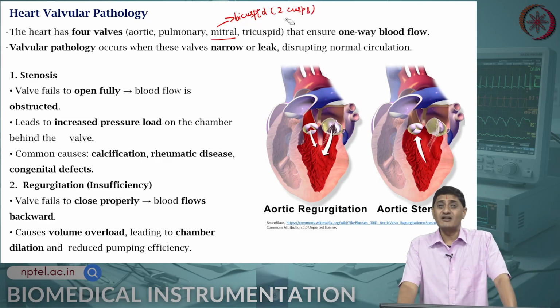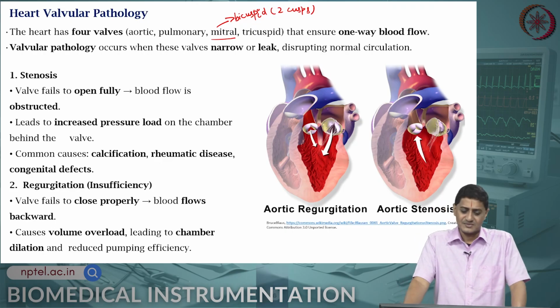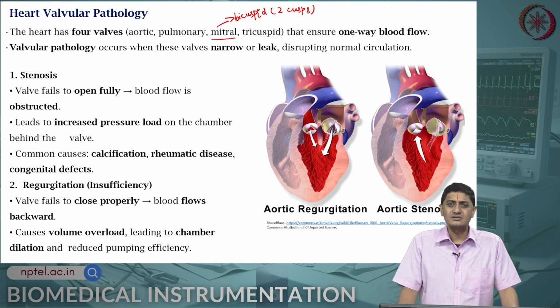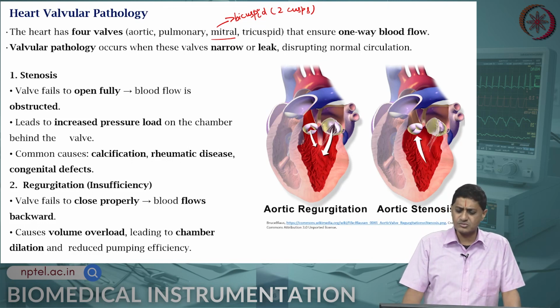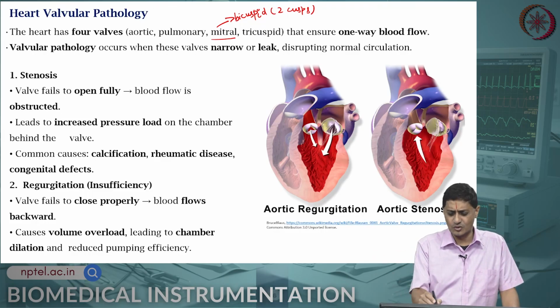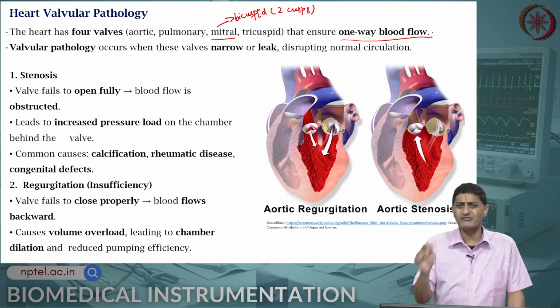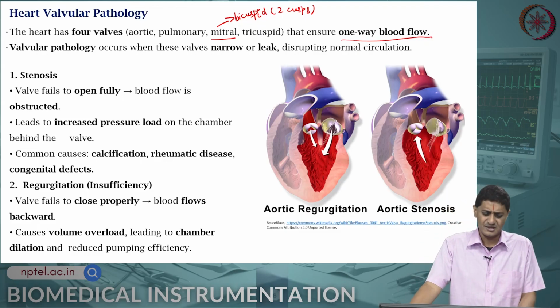The tricuspid valve is an atrioventricular valve, and the 2 semilunar valves, the aortic valve and the pulmonary valve, all of them have 3 leaflets or 3 cusps. Essentially the function is to make sure that blood flows in one direction. Unidirectional flow of blood is the goal. One way blood flow is the goal of having these valves.